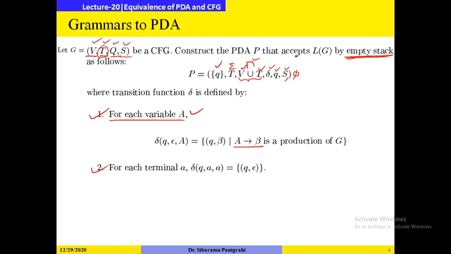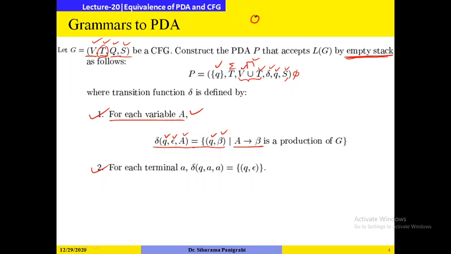So if such a production is available, then we will write delta of Q, epsilon, A equal to Q, beta. You know that the push-down automaton's transition function is what?